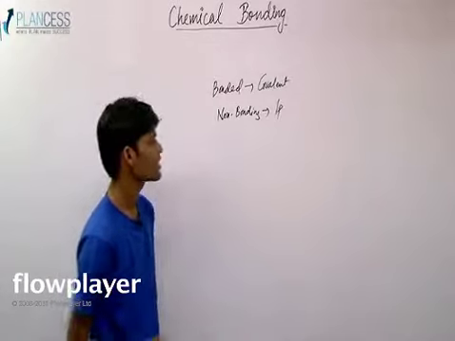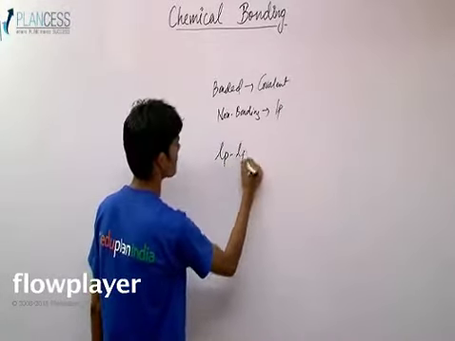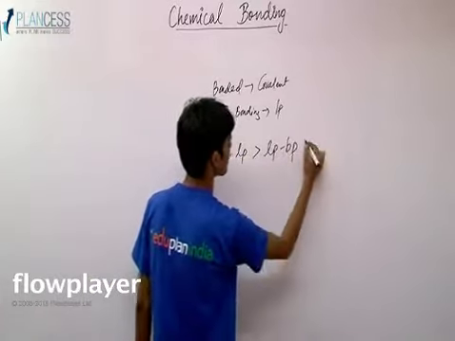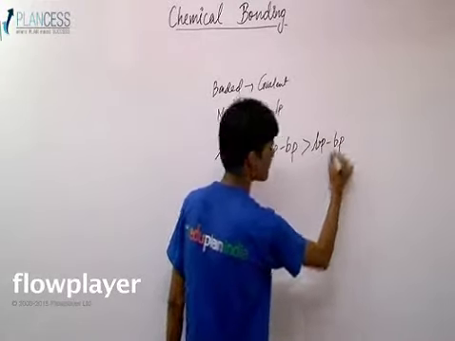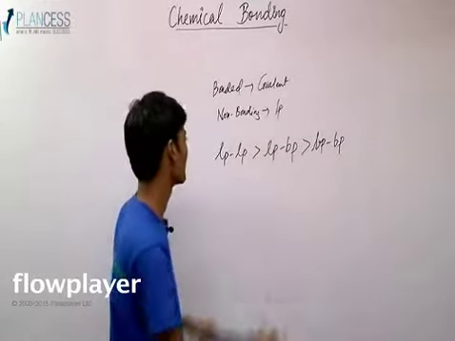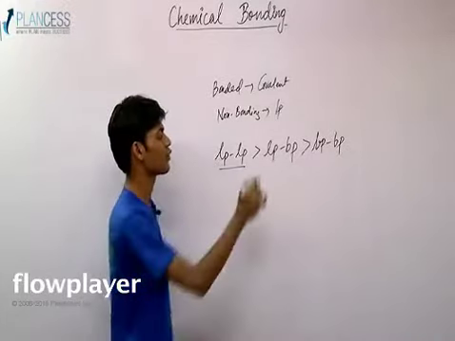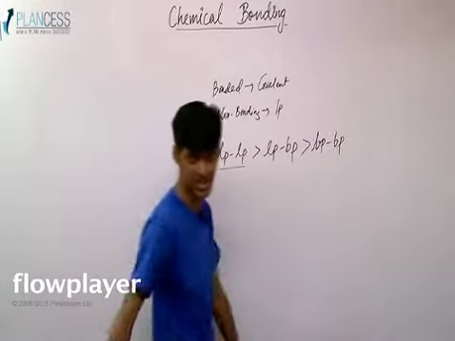The repulsive interaction is such that lone pair repulsion is greater than lone pair-bond pair repulsion, which is greater than bond pair-bond pair repulsion. Why is it so?